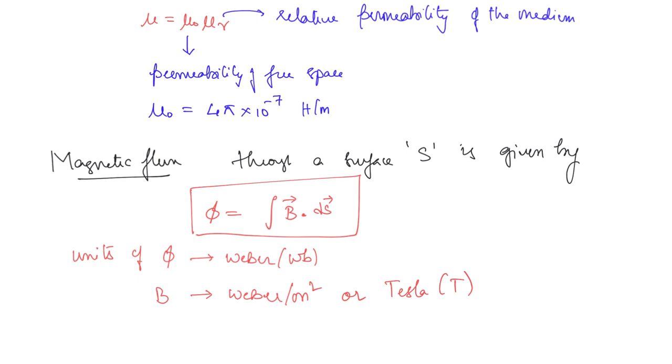Now electric fields, if you remember, have a start and end point, right? But the magnetic field lines are not going to have any start and end point. They are going to end at the same starting point.